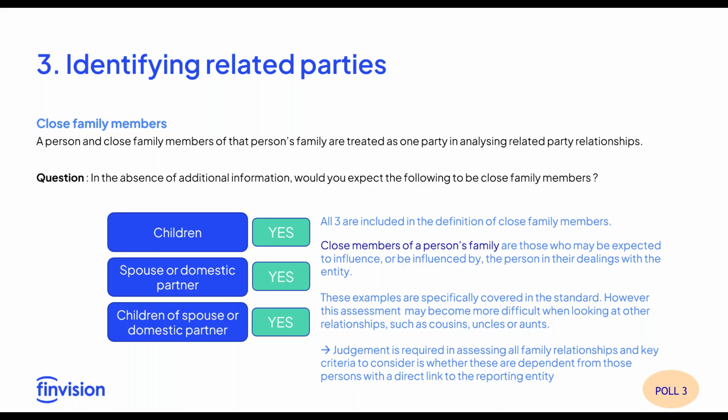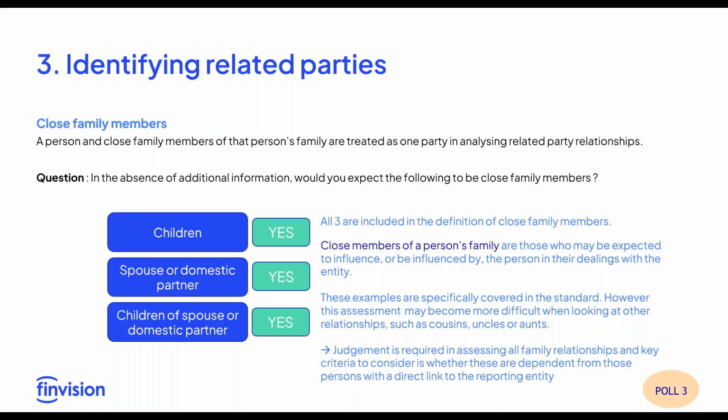So in fact, important to know is that here we should have a look at who may be expected to influence or be influenced by the person that is dealing with the entity. These three examples are explicitly and specifically covered in the standard, but the standard also says it's not limited to those three alone. So in the assessment, it may become more difficult when you look at other relationships like cousins, uncles, or aunts.